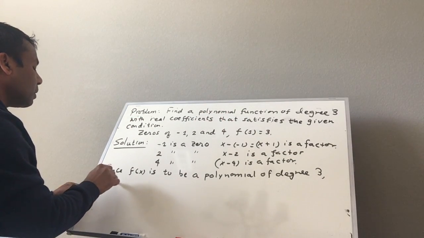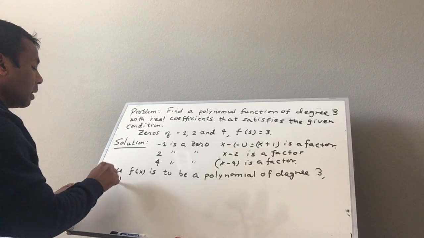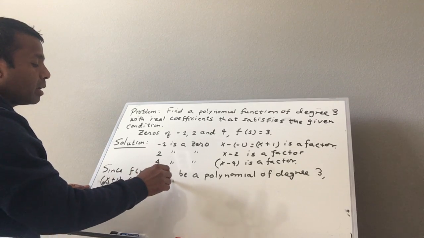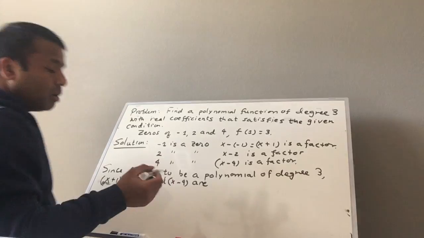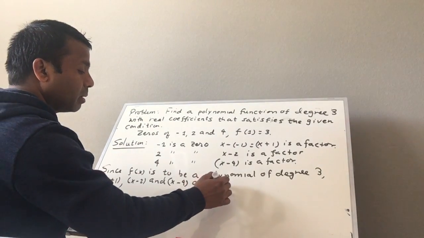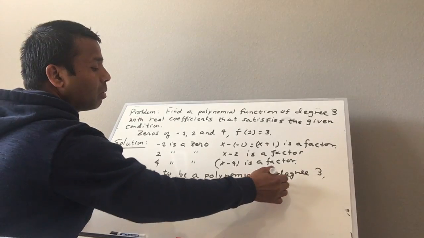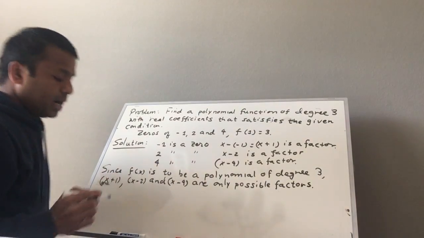So x plus 1, x minus 2 and x minus 4 are the only possible factors, right?